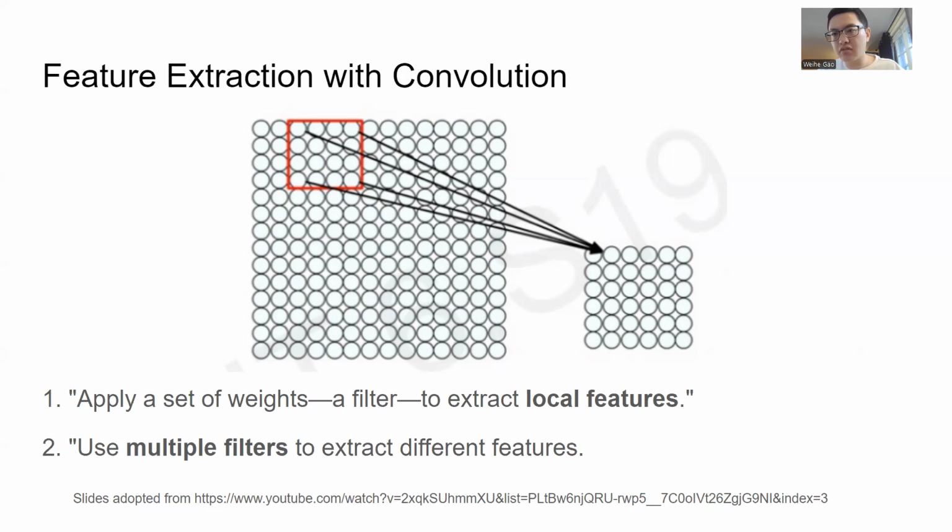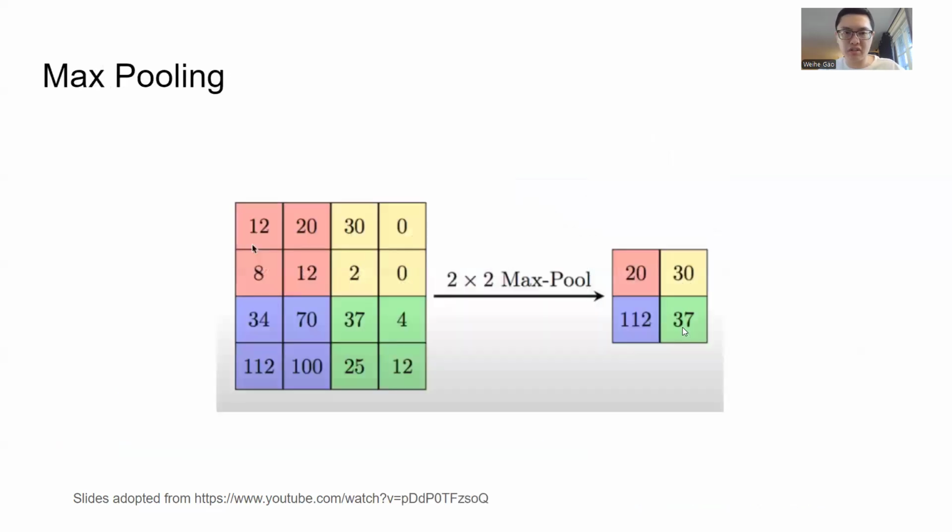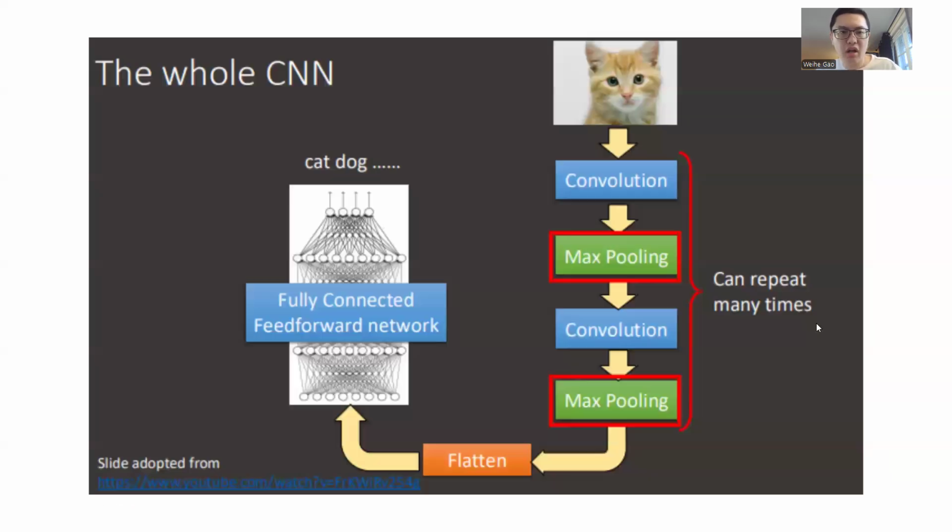We not only want one feature, we want multiple features, so we use multiple filters. After that we do max pooling. Max pooling, in this case, has a size of 2 by 2, and we take the maximum result. It reduces the computation and also doesn't lose much information.